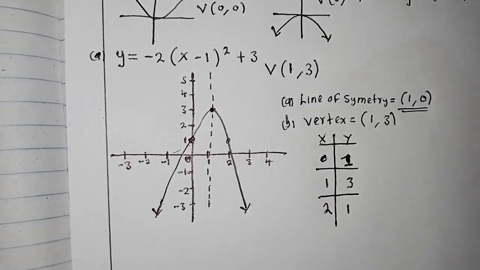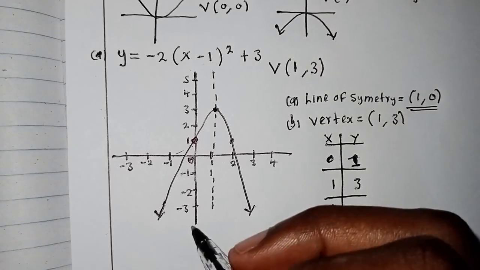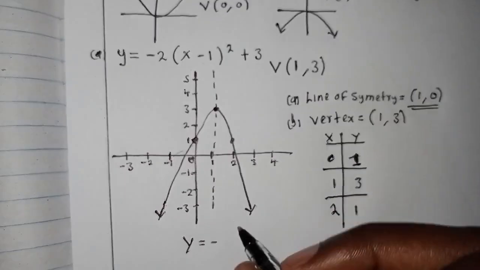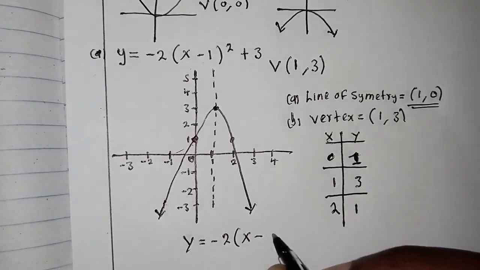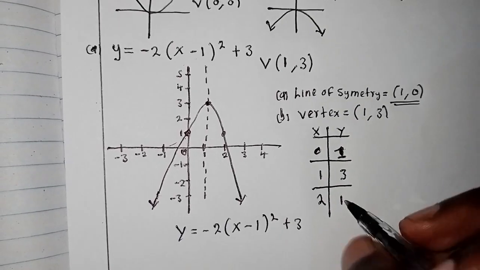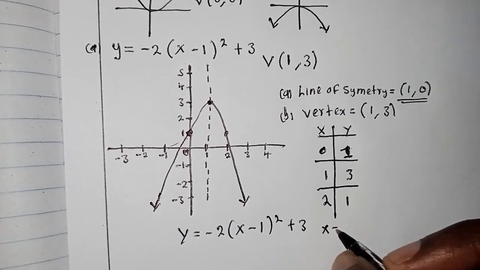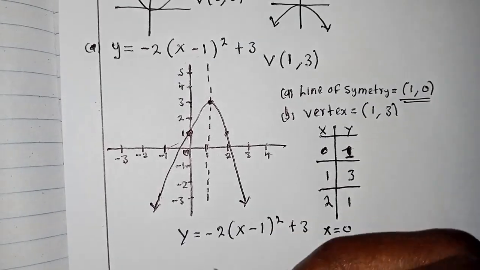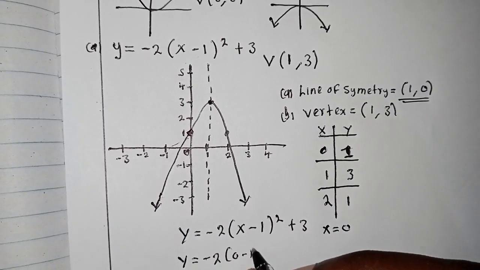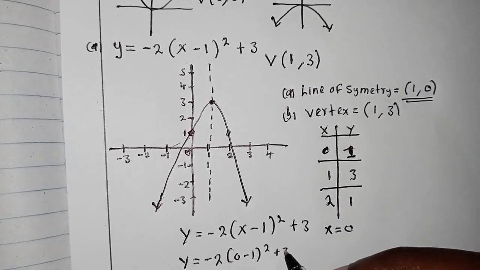Let's find the y-intercept. So for the y-intercept, let's say we have y is equal to negative 2(x minus 1) to the power 2 plus 3. The y-intercept is simply when x is equal to 0. So you say y is equal to negative 2(0 minus 1) to the power 2 plus 3.